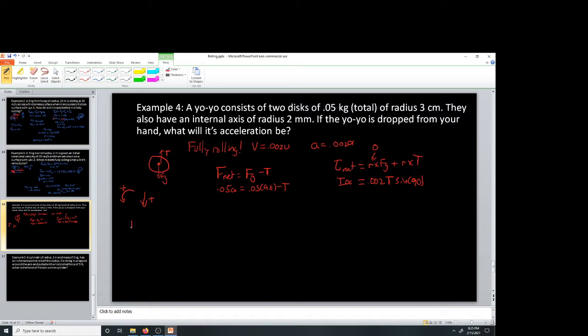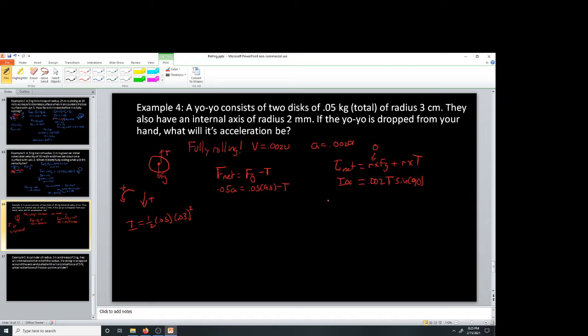So I, it's a disk, so this is 1/2 times 0.05 times 0.03 squared. I'm not sure I wrote down what that was. Yeah, I didn't. Plugging all that in. Okay, so this is still true.